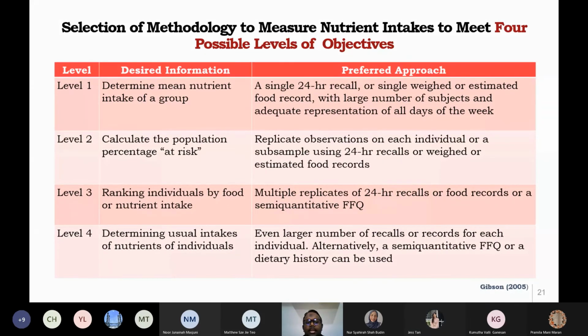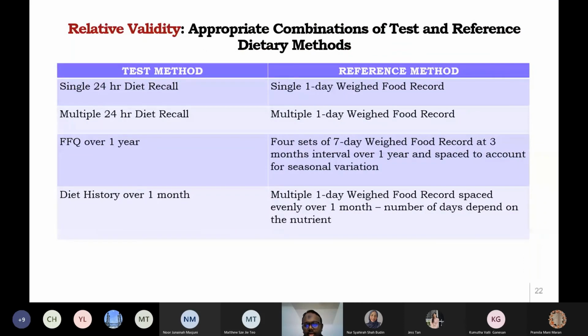So these are the appropriate combinations of test and reference dietary methods in relative validity. You can see on the left hand side is the test method and the right hand side is the reference method. If your test method is a single 24-hour diet recall, the pair for the reference method is a single 1-day weighed food record.